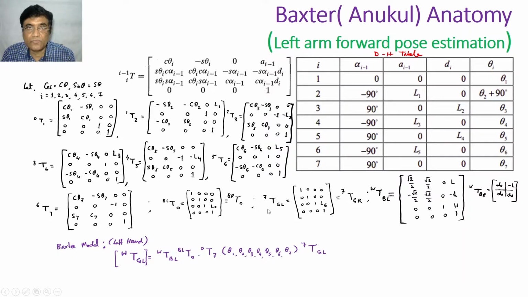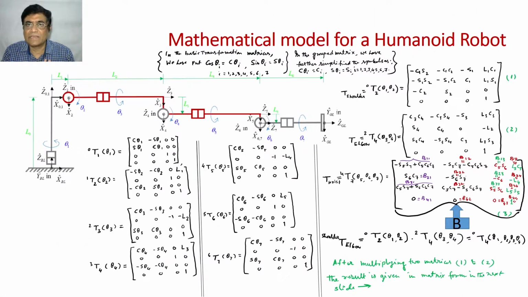We have kept all these expressions handy so that when the modeling is done, we will just multiply them in, because they are constant matrices. There is no variable in those matrices. Now look here carefully.